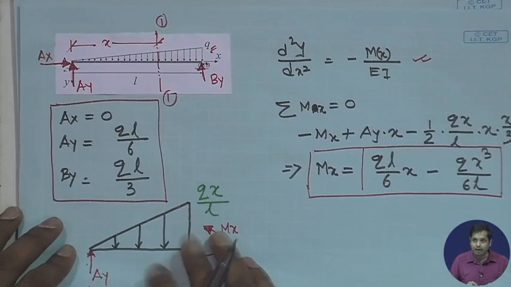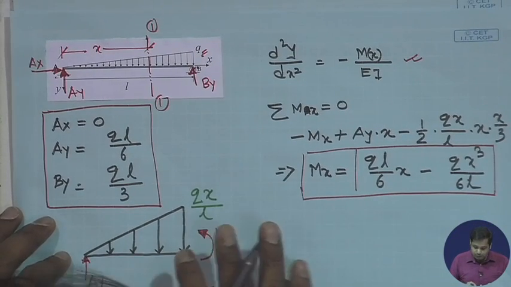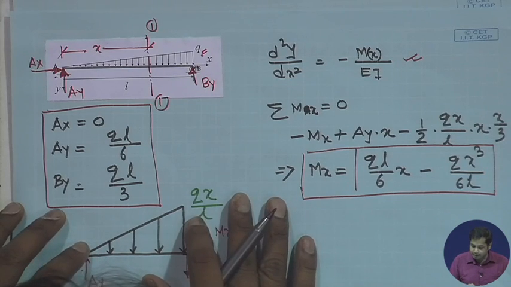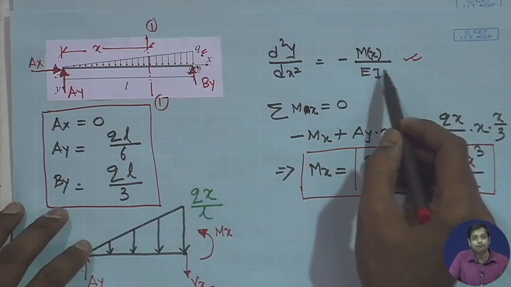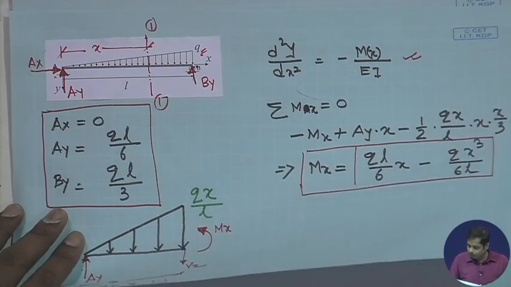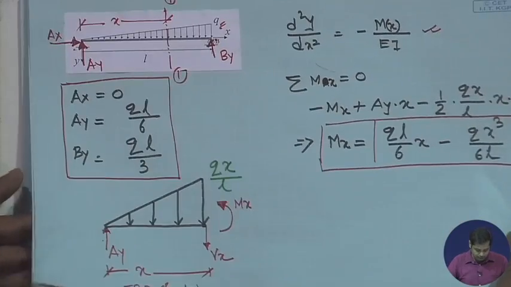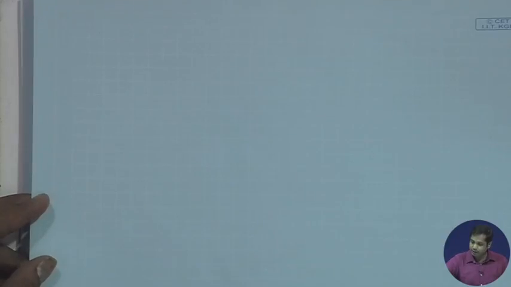Okay. Now, let us do the same problem again using the direct integration method, but using a different form of this equation. If you remember, there are two other forms of the same equation of the elastic curve.